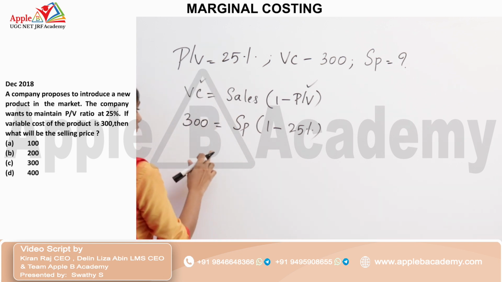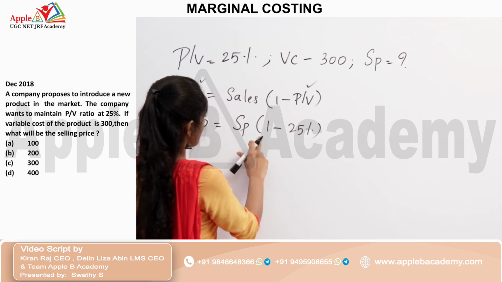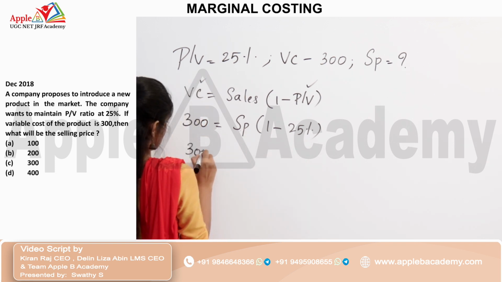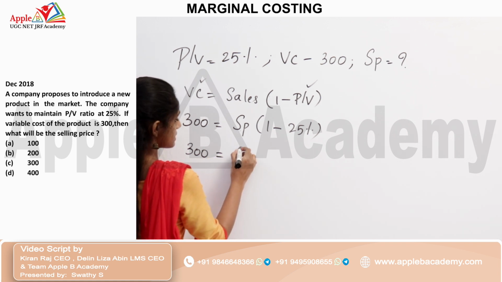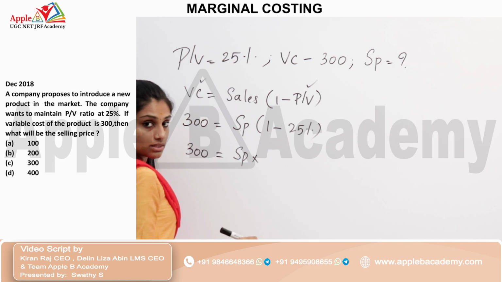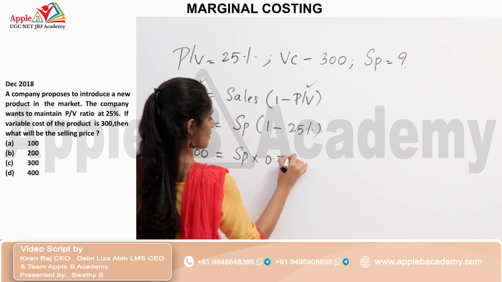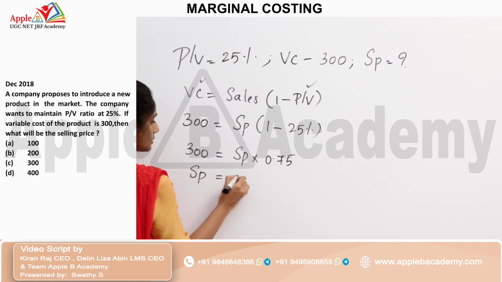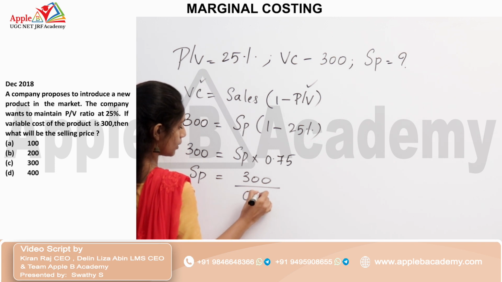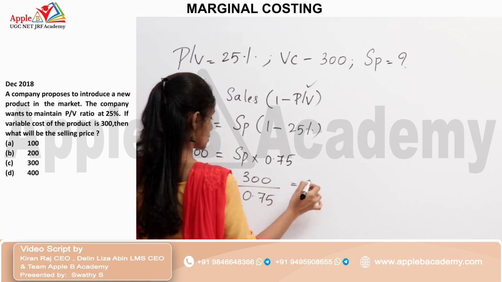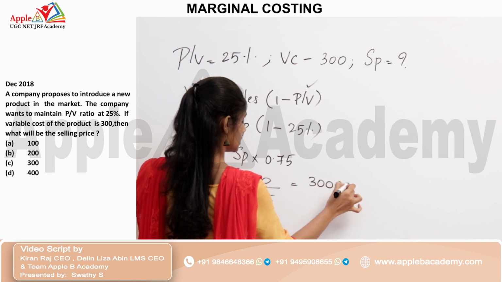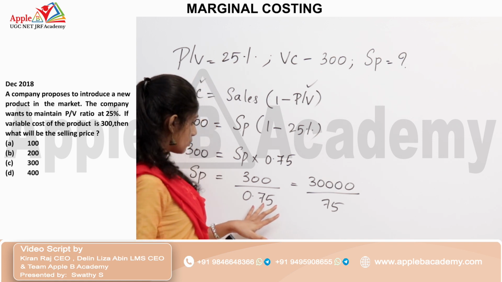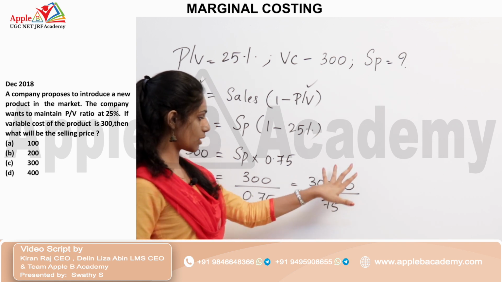Then 1 minus PV ratio is 1 minus 25%. So 300 is equal to selling price into 1 minus 25%, which means 75%, that is 0.75. So selling price is equal to 300 divided by 0.75, which is equal to 30,000 divided by 75, because in order to remove the decimal we multiply by 100 in the numerator.